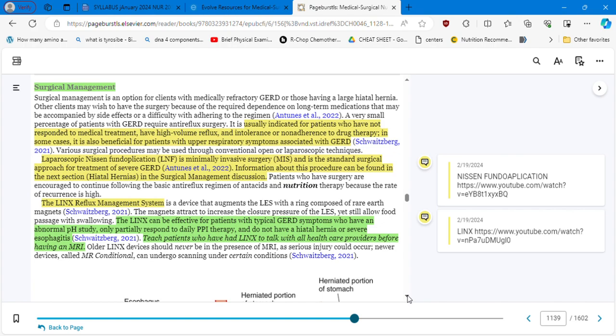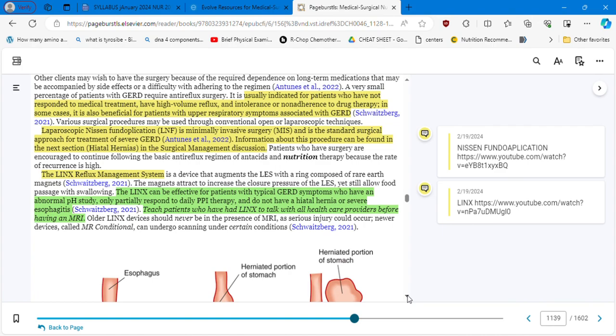So laparoscopic Nissen fundoplication is minimally invasive surgery and is a standard surgical approach for treatment of severe GERD. Information about this procedure can be found in the next session, hiatal hernia in the surgical management discussion.